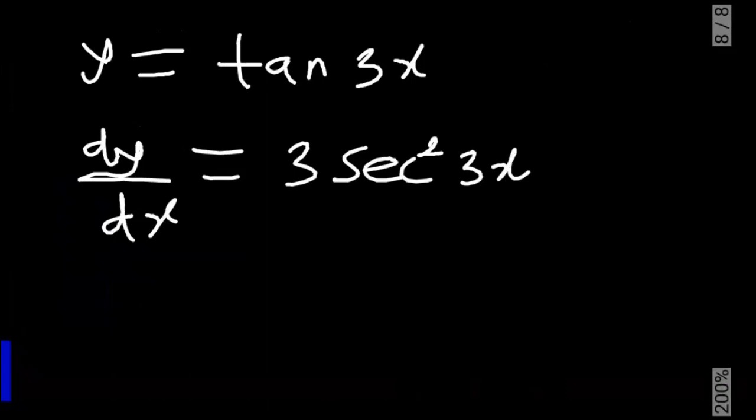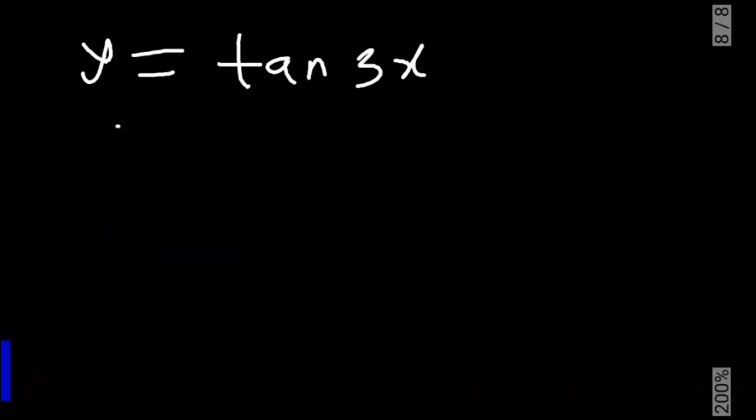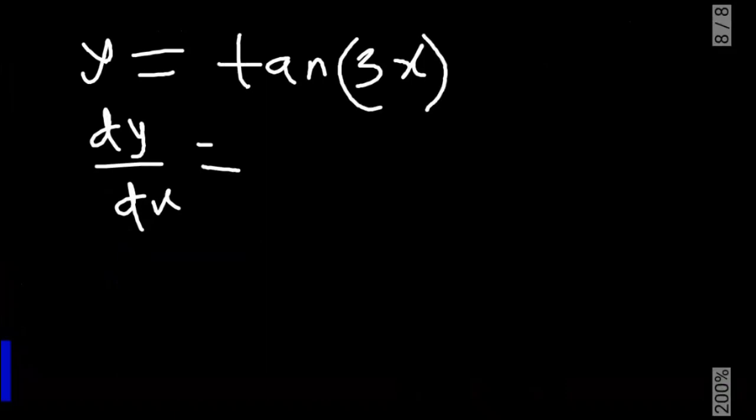What if you're told to use chain rule or something like that? The derivative of this should be, first of all, you get the derivative of the angle in front of the tangent. The angle in front of this tangent is 3x. So the derivative of 3x is what? 3.